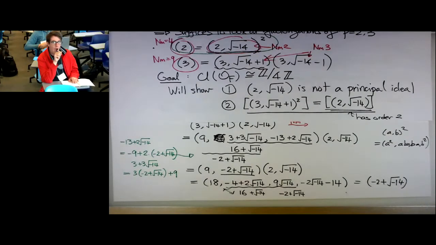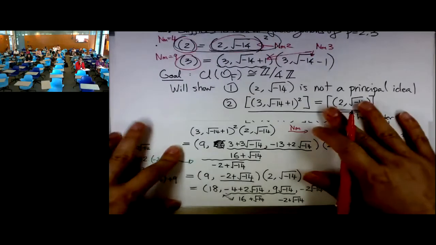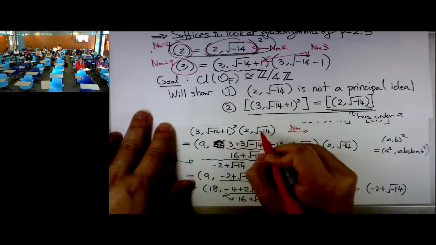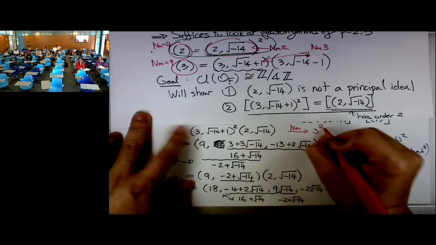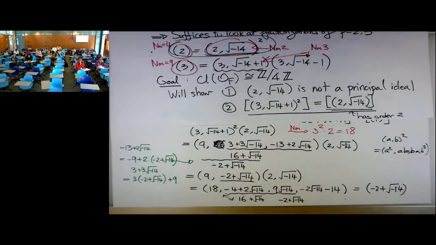I think that's something you probably expect anyways. And so therefore, over here, when we do this computation, the norm would be 3 squared times 2, which is equal to 18. And if the claim were true, this 18 will be a principal ideal, right?